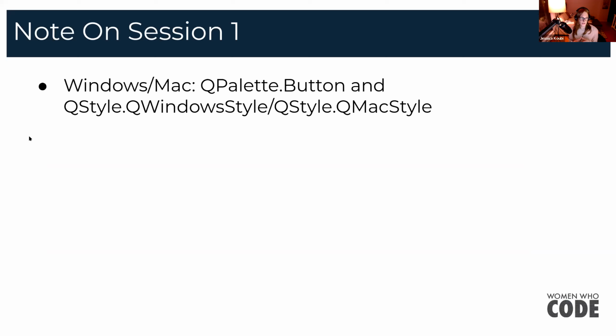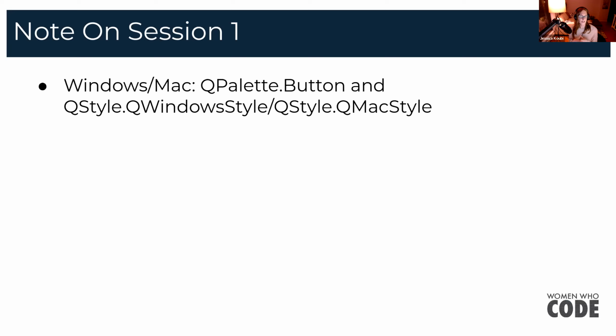So I'm going to address a note on session 1. That's something which came up on Slack. In session 1, we were using QPalette to change the color of the button.